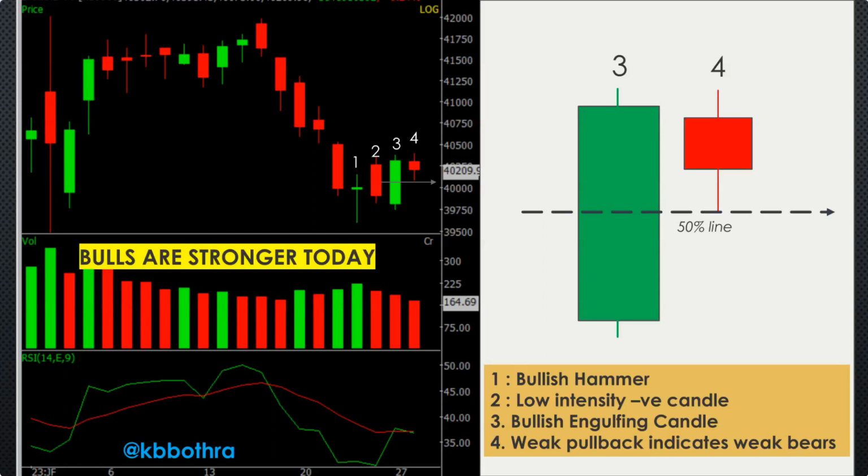But if we don't correct below the 50% line, and if we make a comeback prior to that, that tells you that the tide is changing and the sides are changing. This time around, with candle number 4, which I even tweeted on my Twitter handle, the Bank Nifty is getting into a zone where the bulls are getting stronger and the bears are getting weaker. So this is the good part about the markets. I hope you agree.